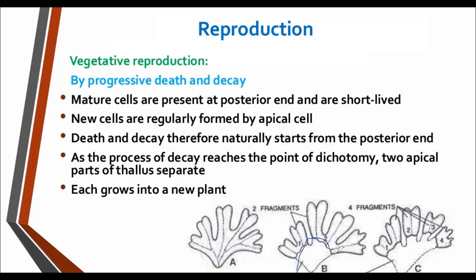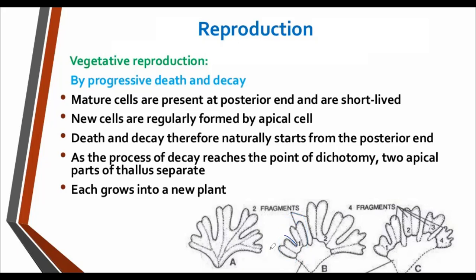When the older cells die and decay, the newer part of the thallus, or the branching part of the thallus, since it is dichotomously branched, gets separated from the older parts, and each branch of the thallus grows into a new plant.